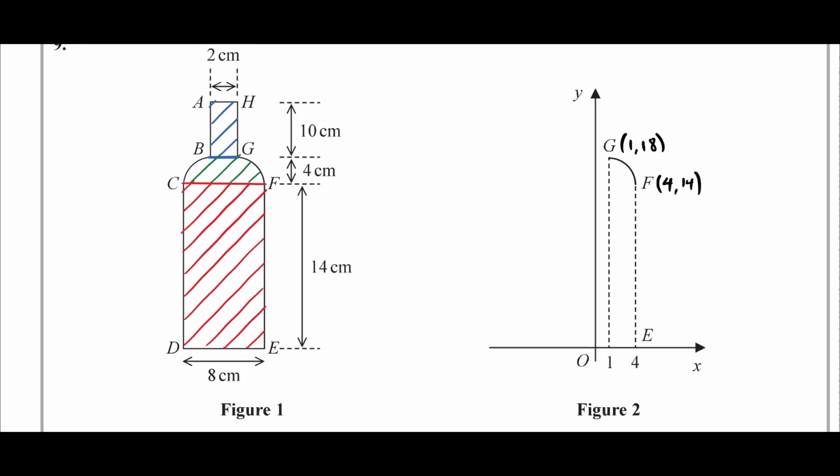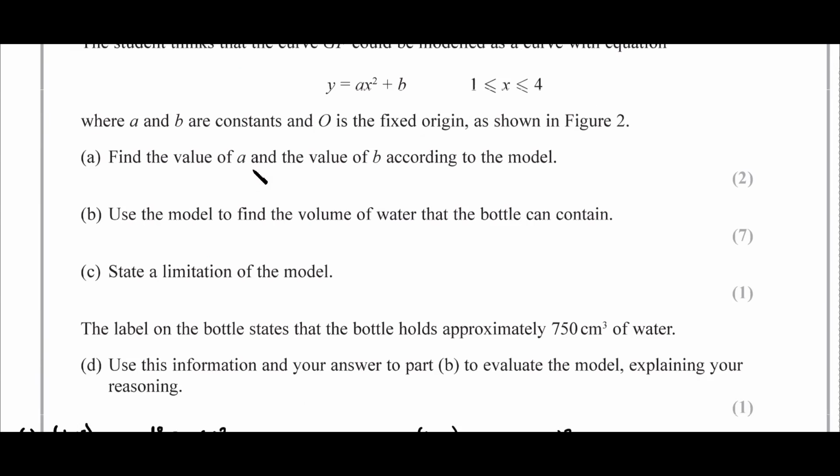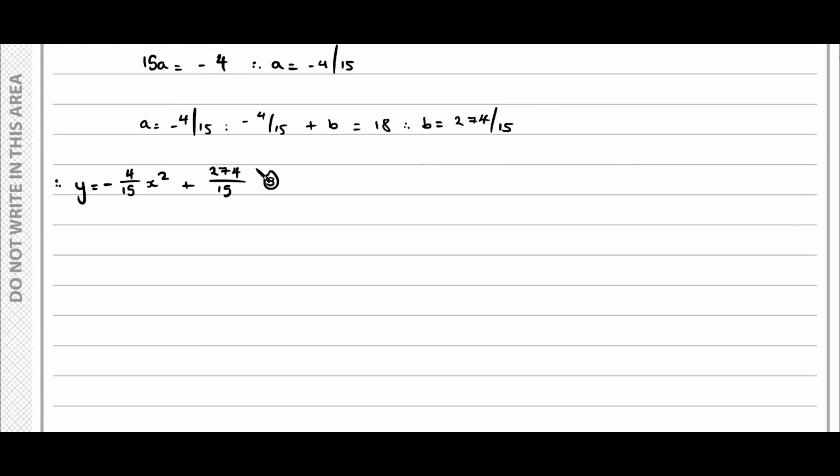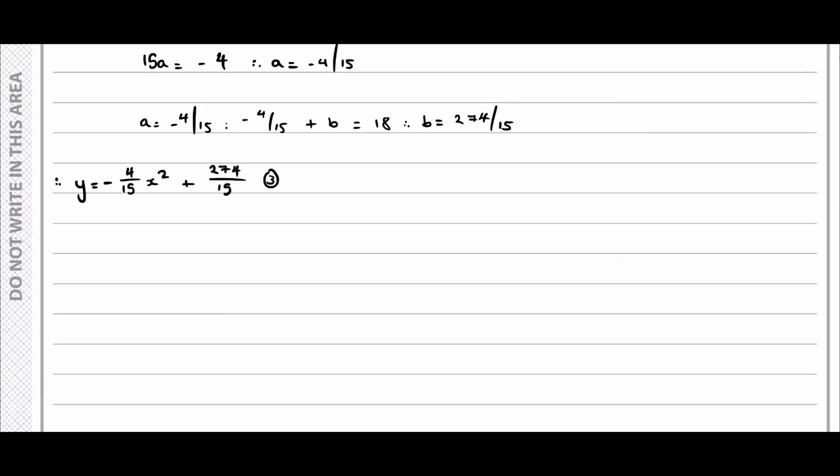Okay, so we've got three different sections, and we can use volume of a revolution by essentially rotating this curved bit, which will give us the volume of the bit shown in green. So first of all, for part B, the volume of the cylinders.